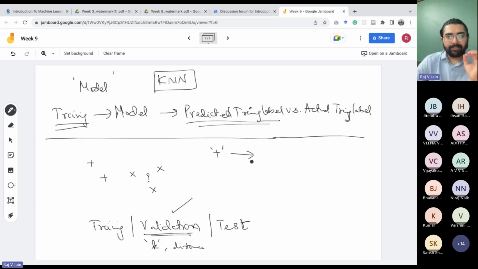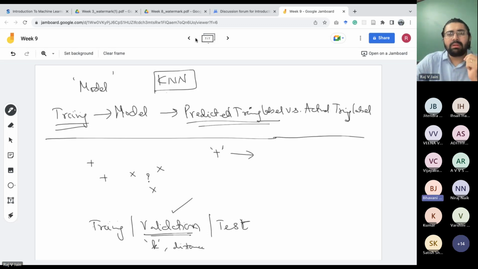So when somebody comes and asks what is the error of your model, they mean the test error, unless they are specifying what's the training error, what's the validation error, and so on. Is that clear, Jitendra? Okay. Yeah, go ahead, Bhavani.